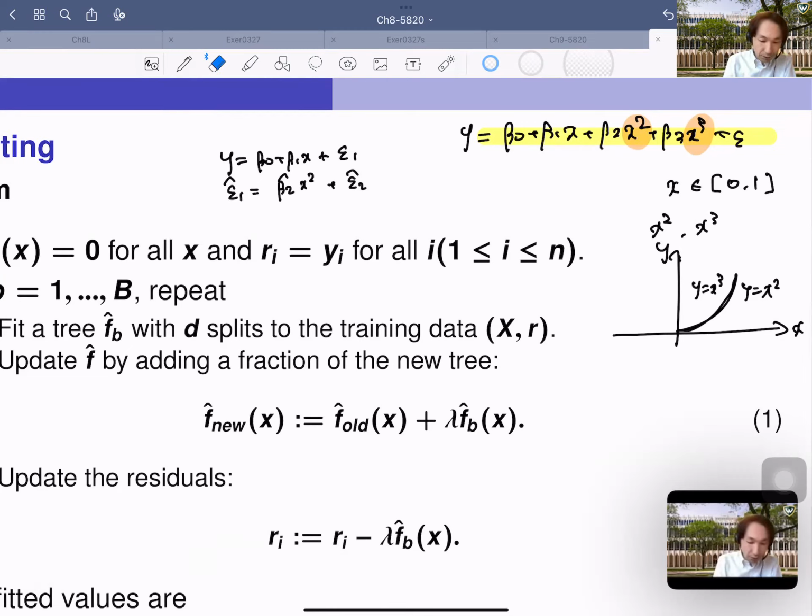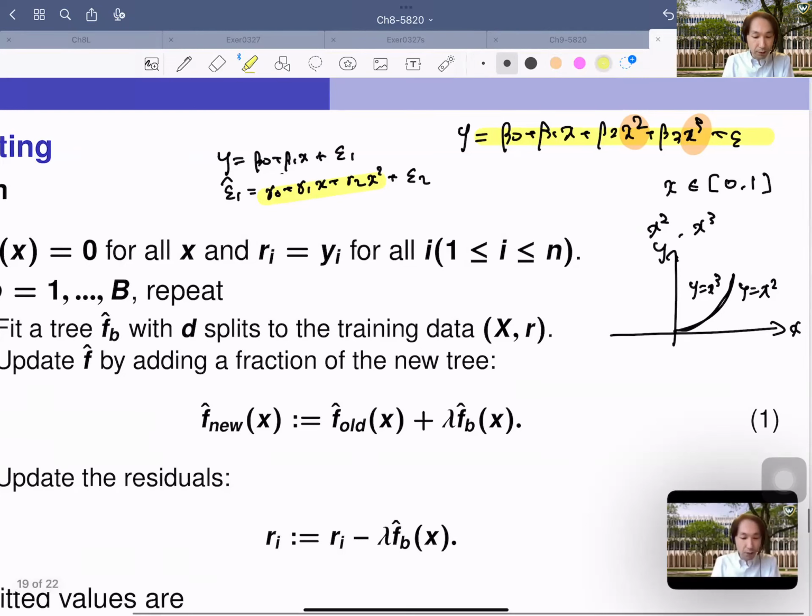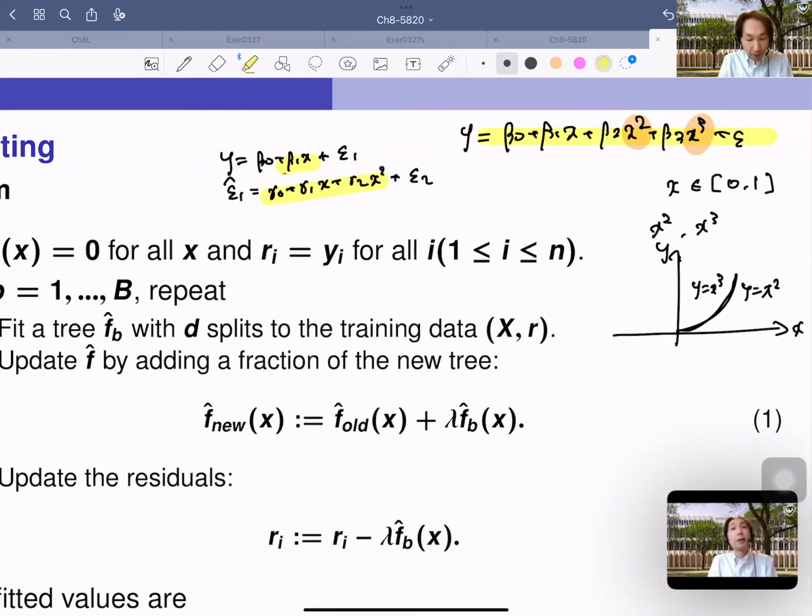Then we fit once again gamma naught plus gamma 1 x plus gamma 2 x cubed plus epsilon 2. Then the fitted curve is orthogonal to the original predictor because the x part has already been removed from epsilon 1.